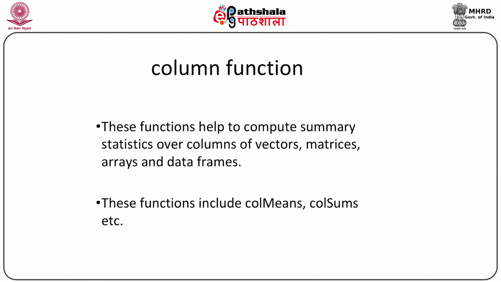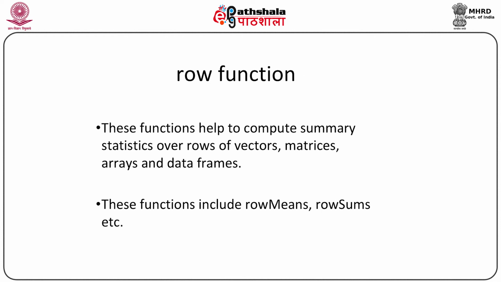Now let us see what column functions do. These functions help to compute summary statistics over columns of vectors, matrices, arrays and data frames. These functions include column means, column sums and so on. Now it's the turn to define row functions.